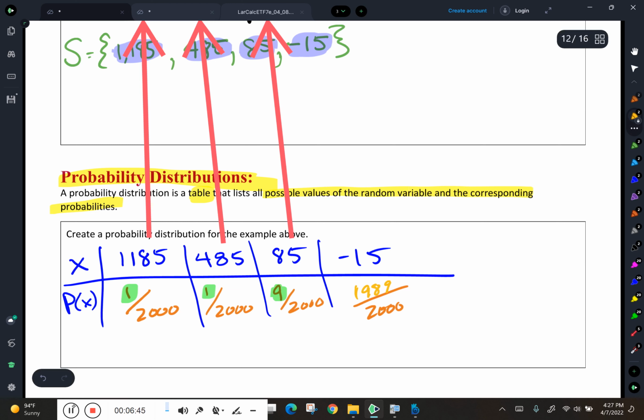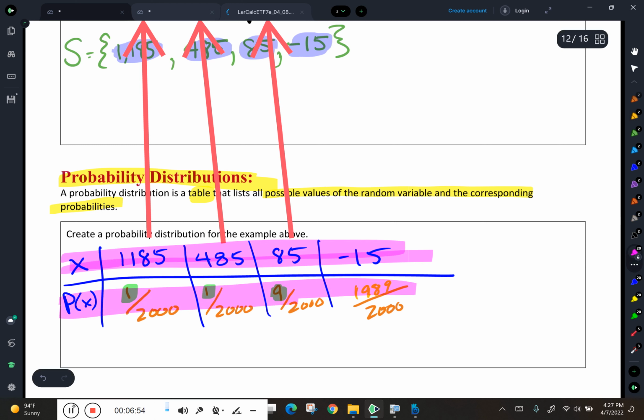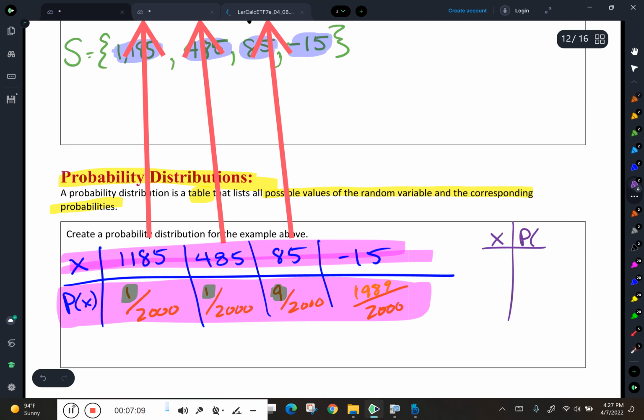Now, probability distribution, again, just to recap, is going to be a table that's going to have a row for the random variable values, and it's going to have a row for the associated probabilities. Now I'm saying row here, but even as I'm saying it, I'm wondering about it. I've never seen anyone do it, but I believe that you probably could do it vertically if you wanted, and have this then be the 1 out of 2,000, and so on and so forth, right?